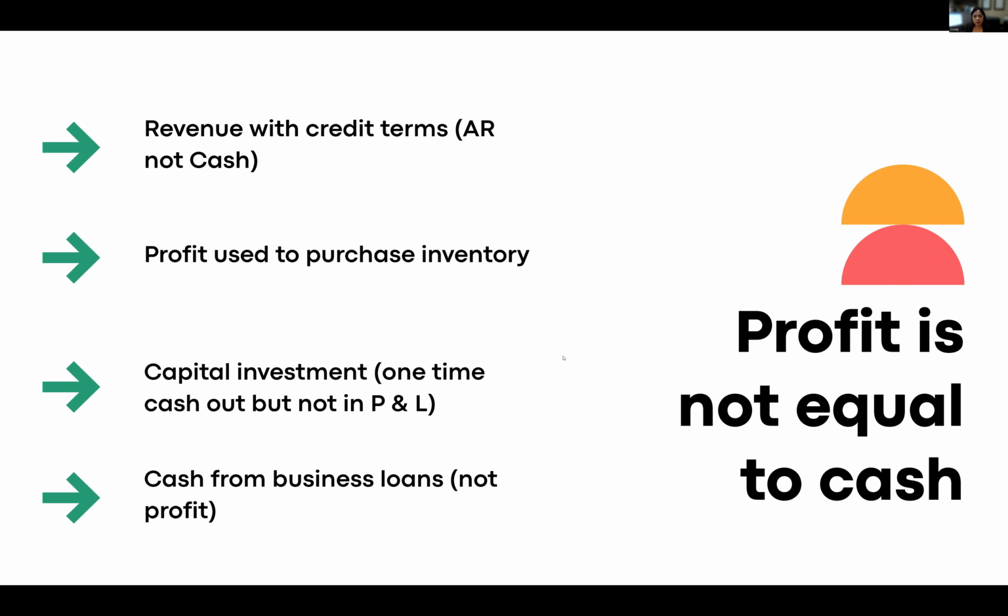Another one that's not on here is the owner's distribution or shareholders' distribution. So you may have a profit of 10,000, but if you withdrew that 10,000 from the business, then you don't really have cash in the bank. Those are some of the reasons why your profit will not be equal to cash.